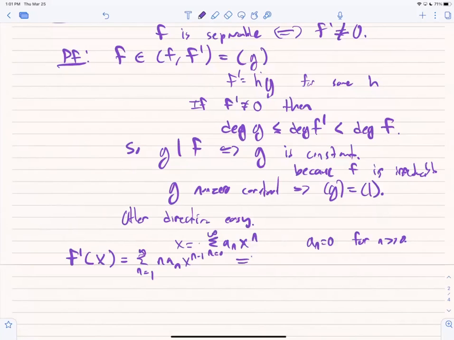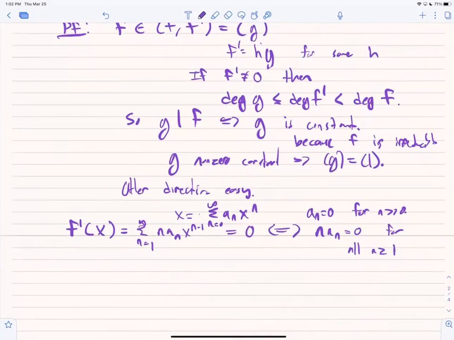And so this is equal to 0 if and only if all these coefficients have to be equal to 0. Saying a polynomial is equal to 0 is just saying all of its coefficients are 0. So this means n times a_n is equal to 0 for all n greater than or equal to 1.